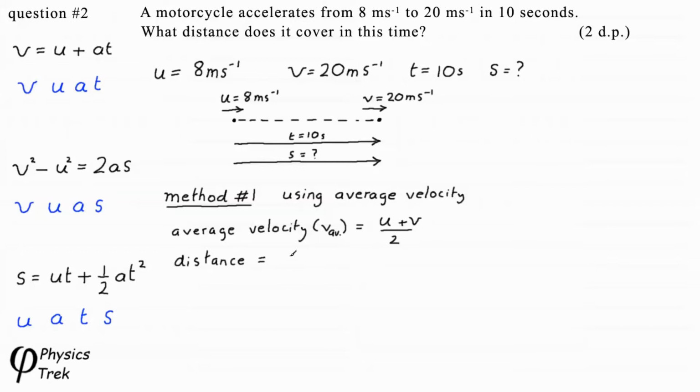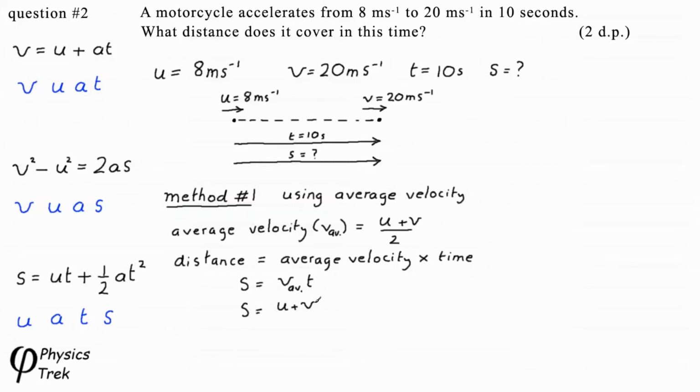So the distance S is equal to the average velocity times the time taken. And in symbols, S is equal to VAV times T.